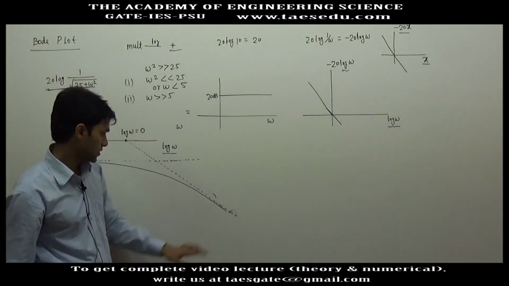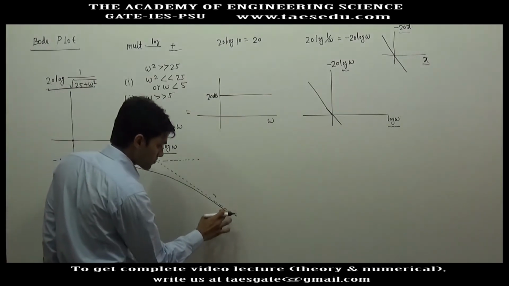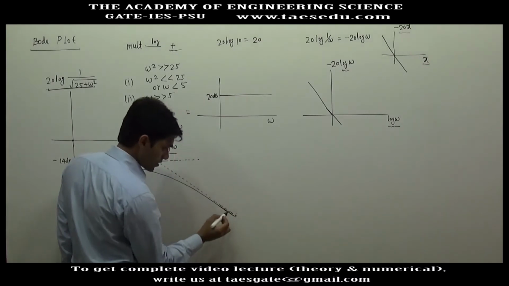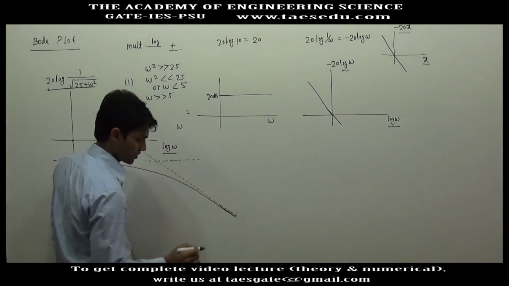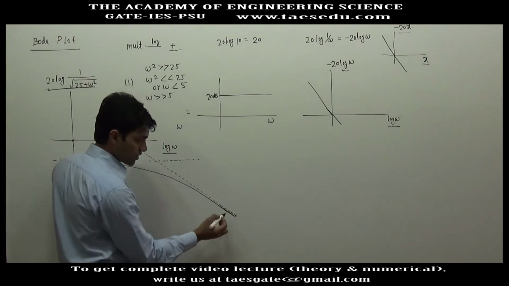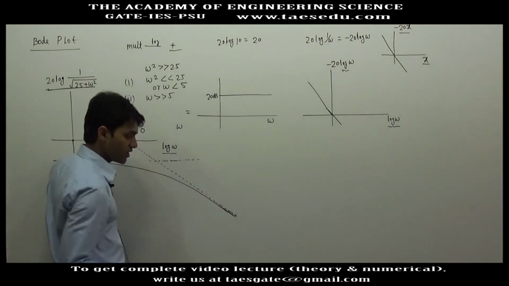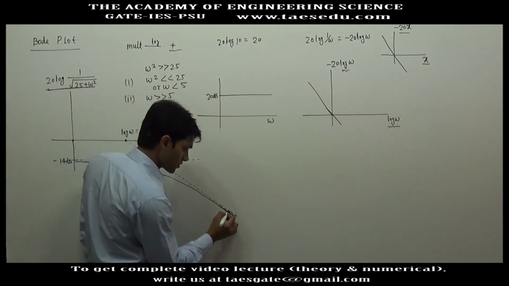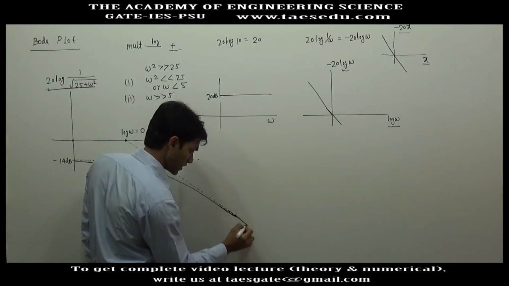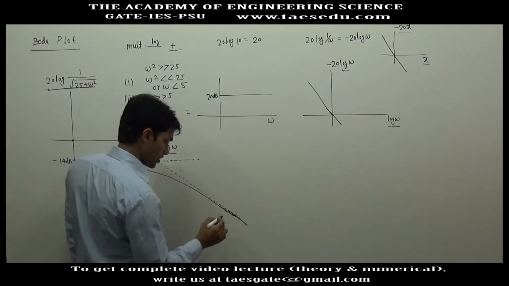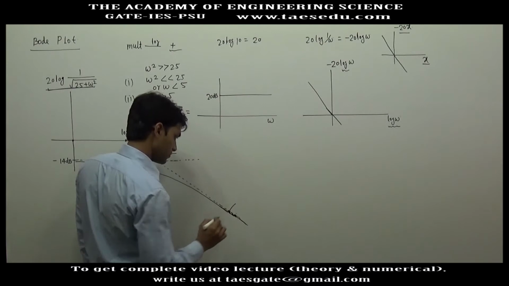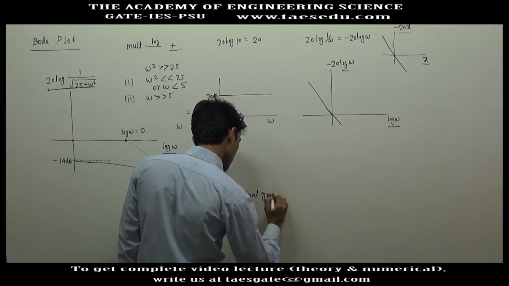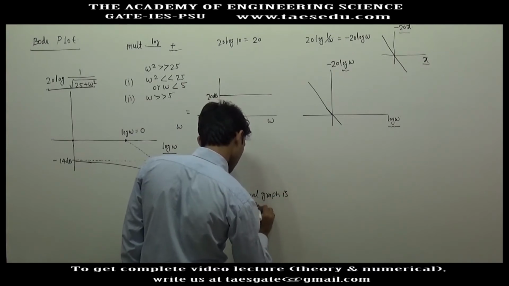So when omega is very high, this is the actual graph, and it will tend to meet this line. When omega is infinity, this graph and this graph will exactly meet and become parallel to each other. This line will overlap the dotted line, or we can say that the actual graph is asymptotic.